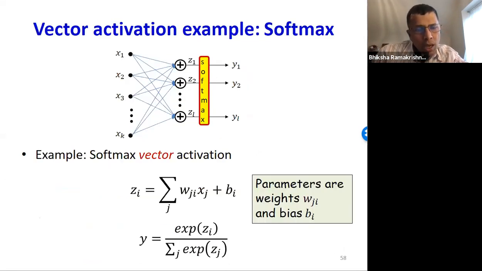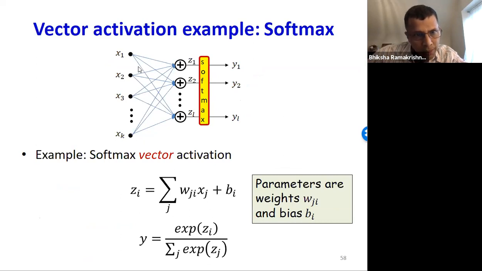So one specific case that you encountered is the softmax. The softmax computed affine combinations of a collection of inputs. You got all of these Z's, and then you computed the corresponding Y's. The way you computed it is you exponentiated each of these Z's, but then you normalized the outputs to sum to 1.